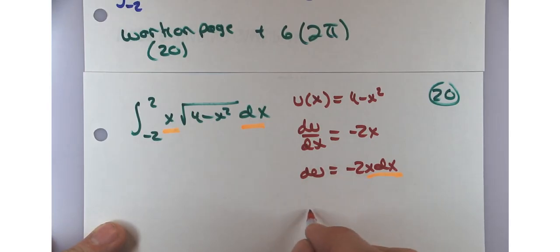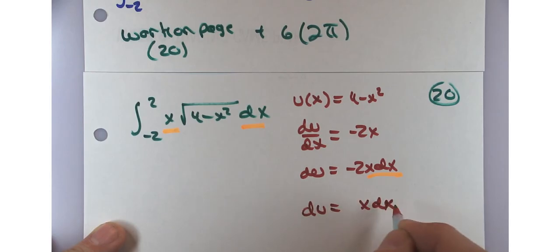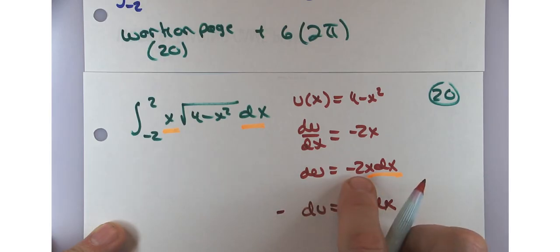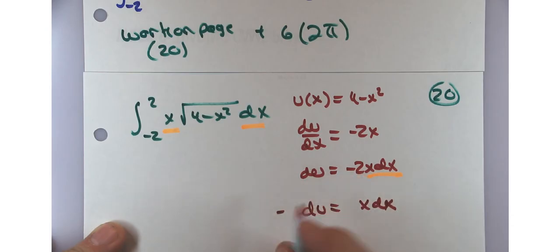So when it moves to the du side, what's that going to be? -2 du. Well, you've got to multiply both sides by the reciprocal, so that'd be -1/2. Great. There's something else I've got to do here. Does anyone know what it is?